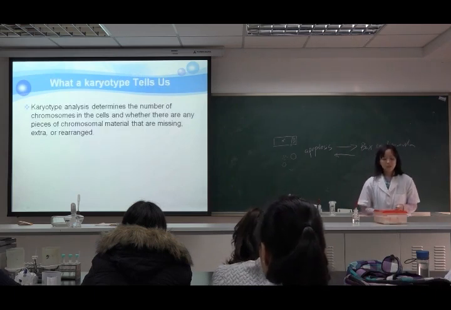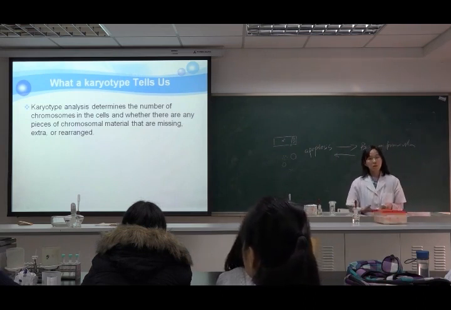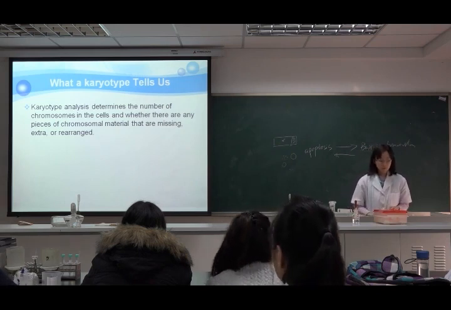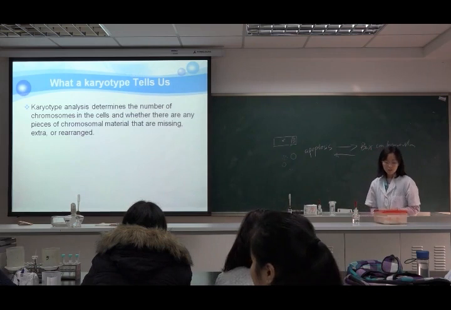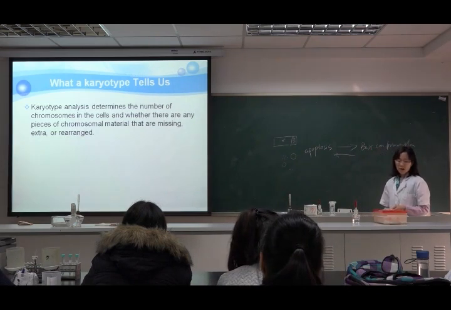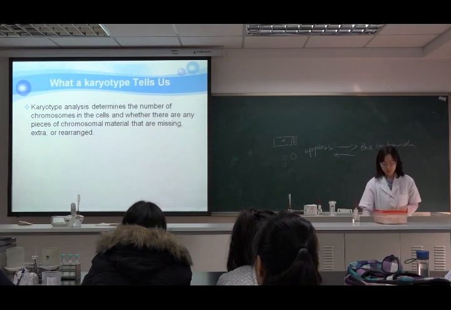Another question is what a karyotype tells us. We got the karyotype, then what do we do? Karyotype analysis determines the number of chromosomes in the cell and whether there are any pieces of chromosome material that are missing, extra, or rearranged.